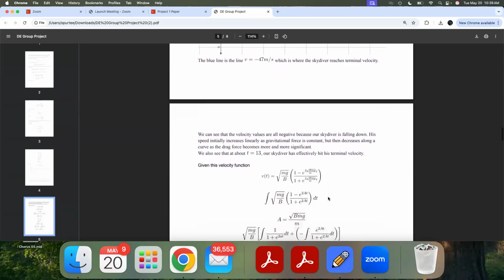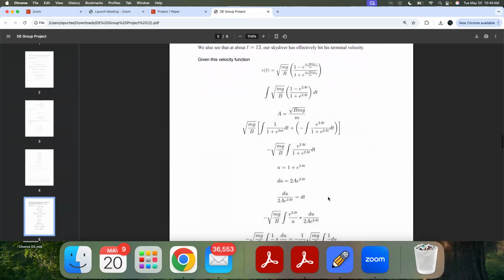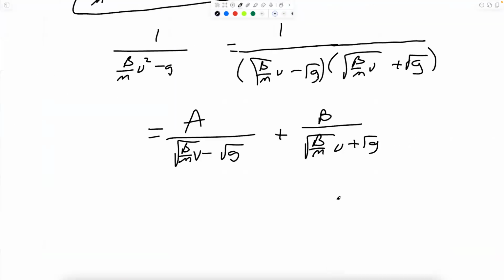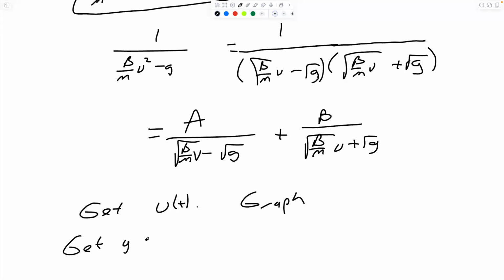Okay, now that we've got velocity, we want to find, let's go back to mine. So right here, get V of t, graph, talk about the graph. Now we're going to get Y of t, which is just going to be the antiderivative of V of t dt.